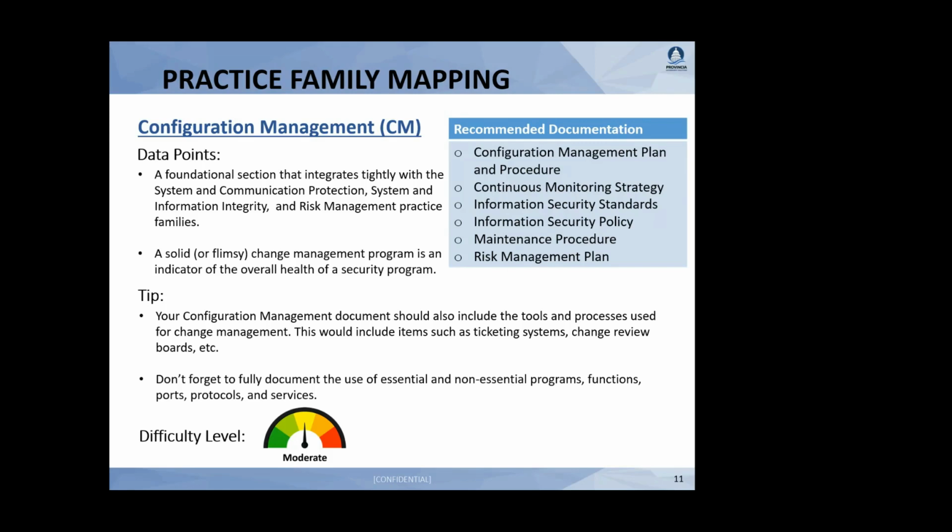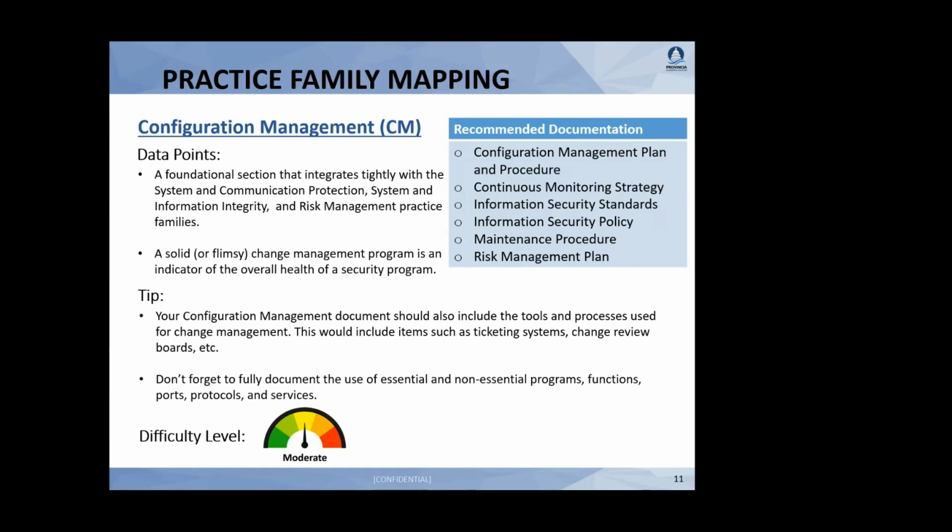So you want to make sure that you spend some time, think through your configuration management program, and make sure that your change management, that one aspect of configuration management, is fully documented and fully covered. Here are a couple of tips. Your configuration management documentation should include the tools and processes used for change management.